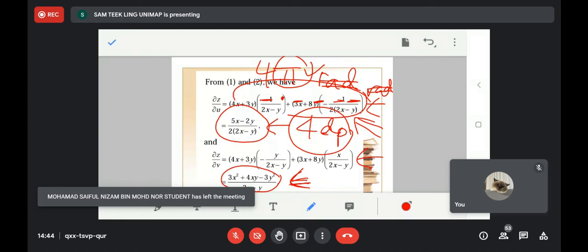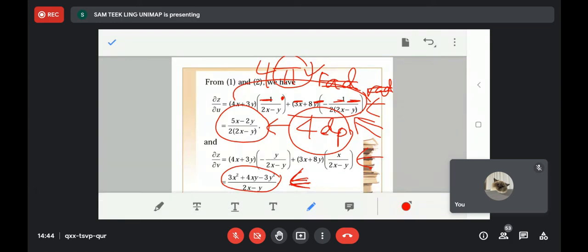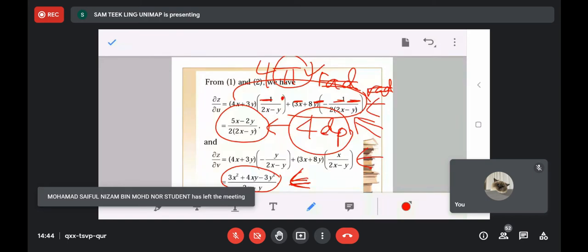I let you know first. So please make sure for this course, for your chapter 2, chapter 3 also the same, your pi is all in radian. If the question does not mention anything, give 4 decimal places. Sometimes the question will mention 2 decimal places, so all your answers in 2 decimal places.